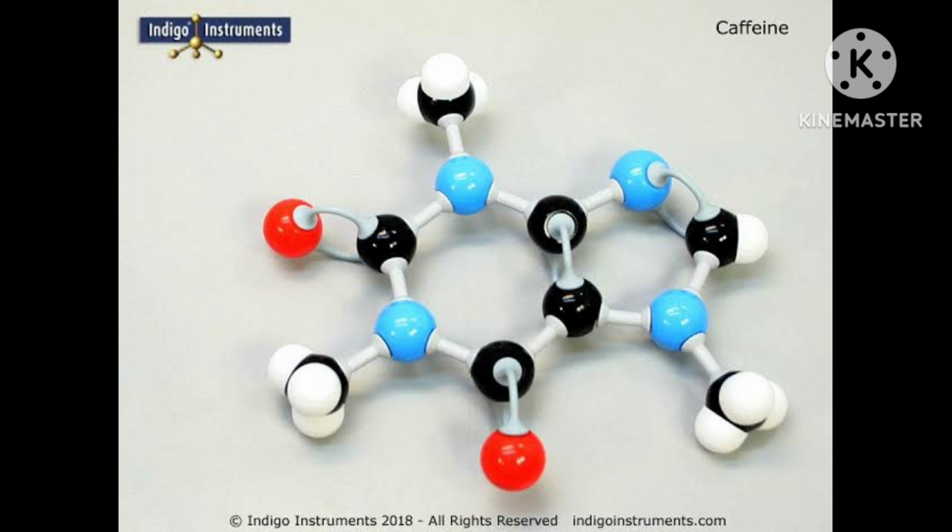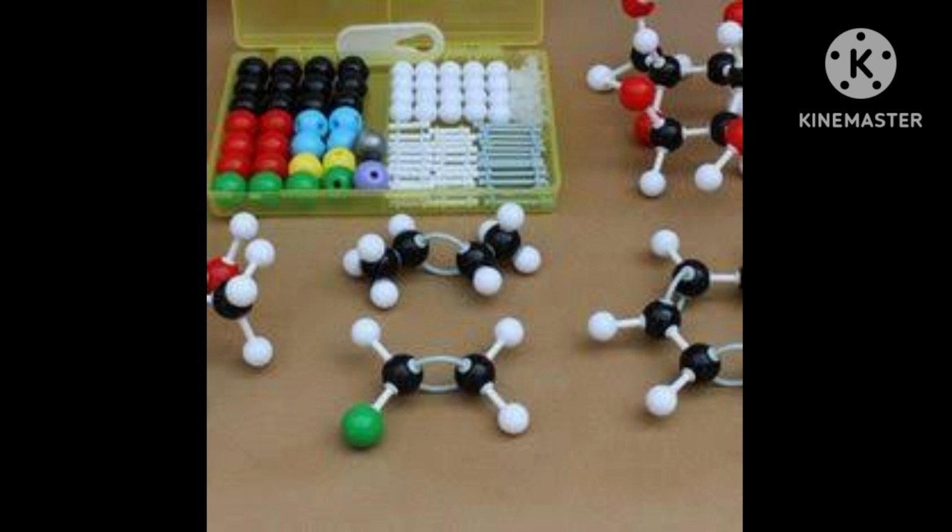Two bonds will be normal because they are on the paper plane, same length, lengthwise and breadthwise, in two dimensions. You cannot show height or depth with those.